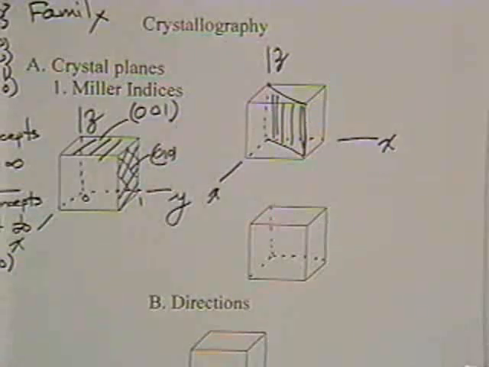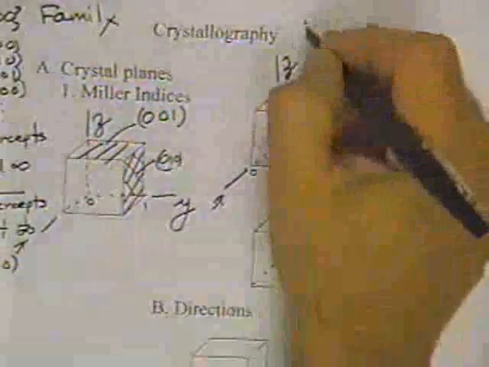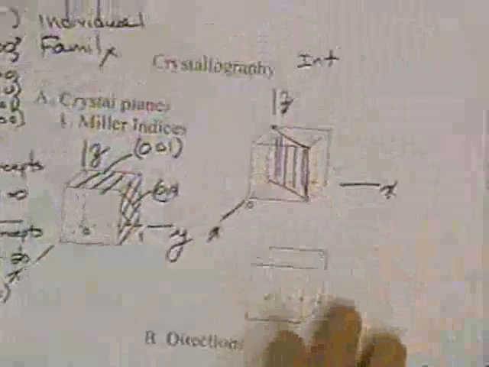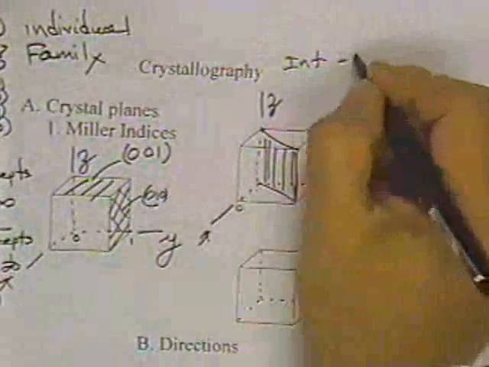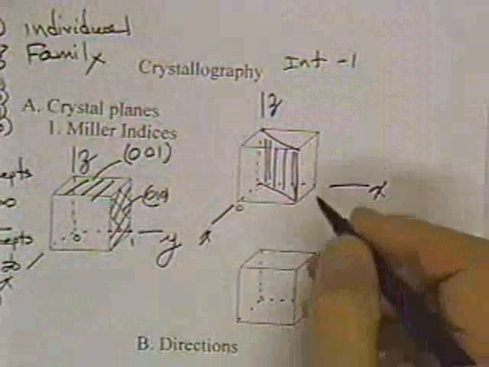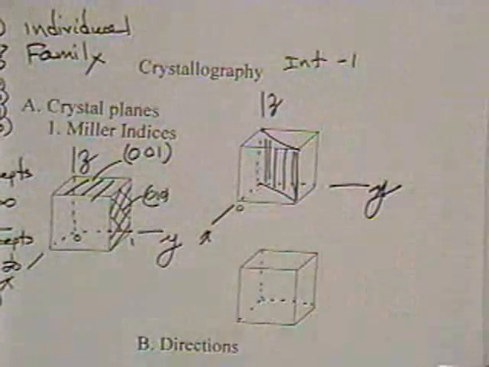All right? So in my head, I'm going to translate this origin to this point right here. And if we want the intercepts for that plane, those intercepts are going to be what now? -1.